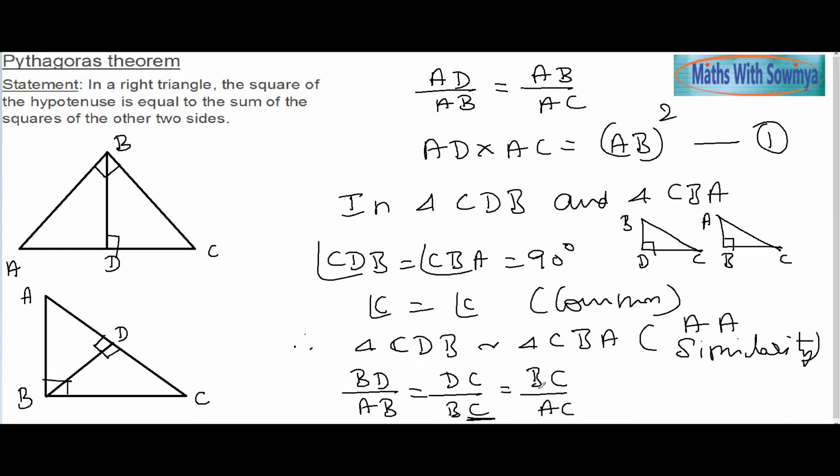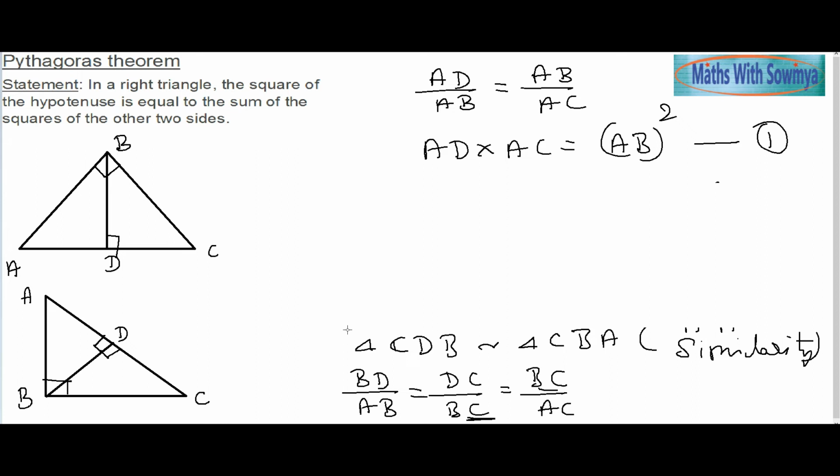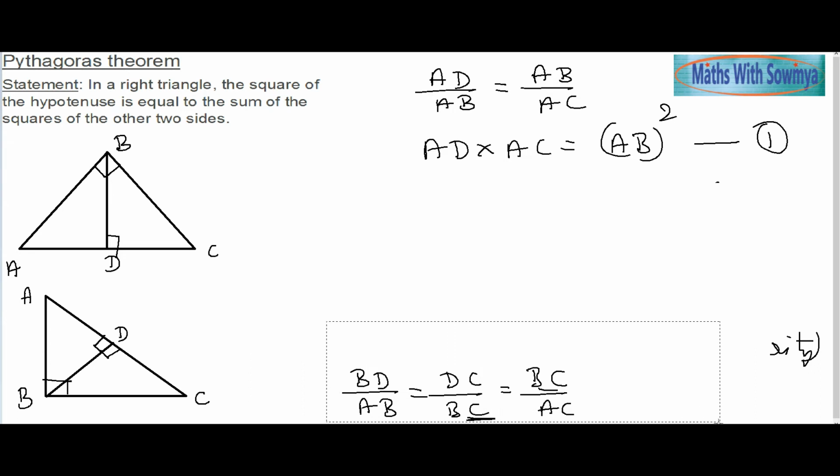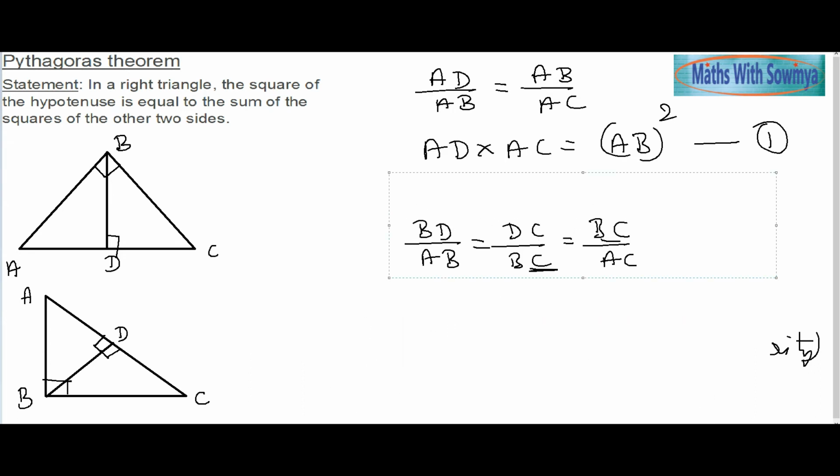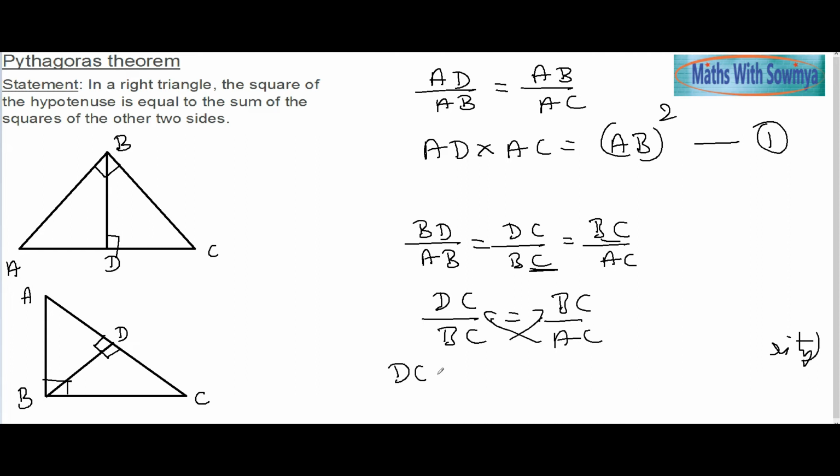Now, we take those two corresponding sides where some sides are common for me. Once again, I just consider these two. DC by BC is equal to BC by AC. Cross multiply. This is DC into AC is equal to BC square.